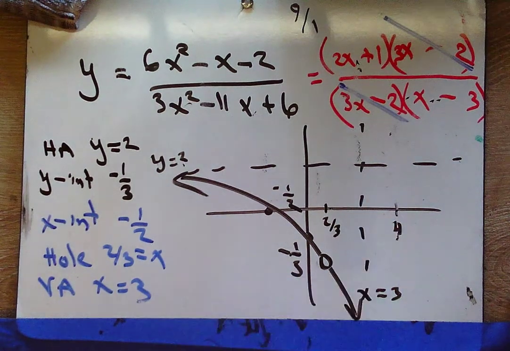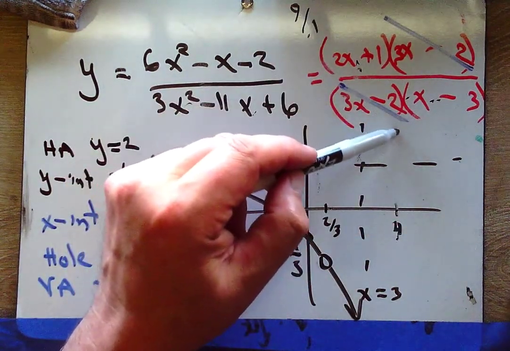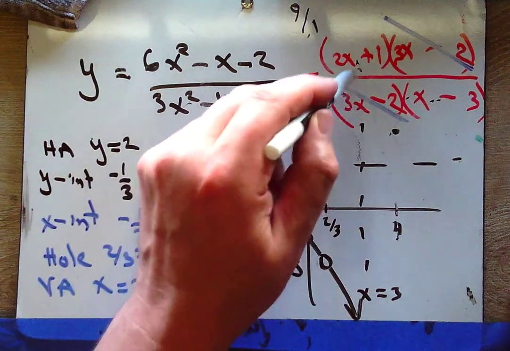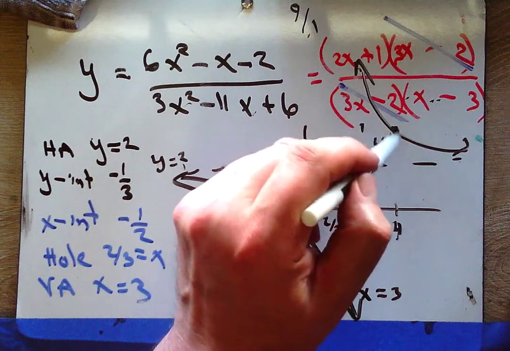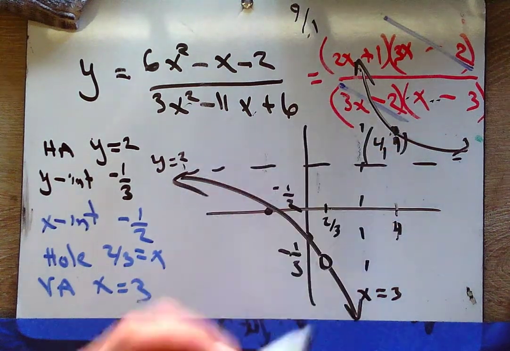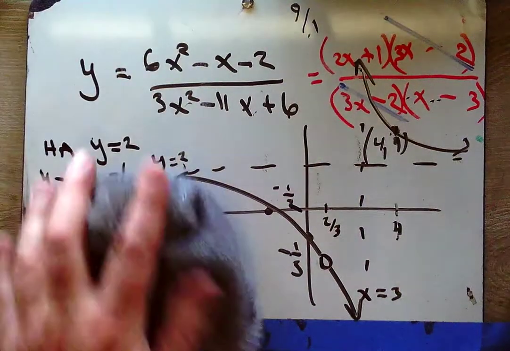Well, when I plug in a 4, I get a 9. 9 is bigger than 2. So my graph is going to do this. Don't forget to label that test point. All right, don't forget the hole. It's kind of sad when we forget the thing that makes this problem different from all the others.